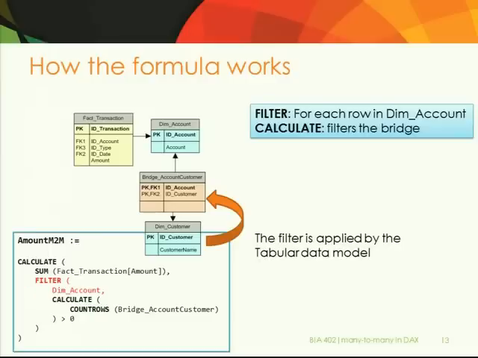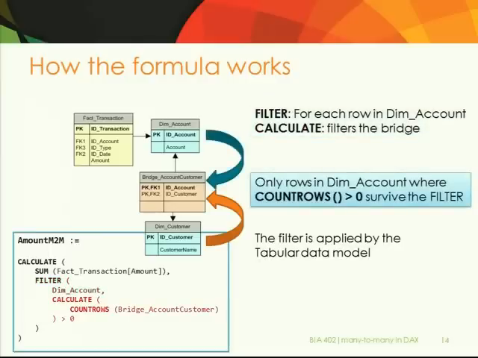What calculate does is counting the number of rows that are still visible in the bridge table and check if the number of rows in the bridge table is greater than 0. If it is greater than 0, then that dim account survives the filter.